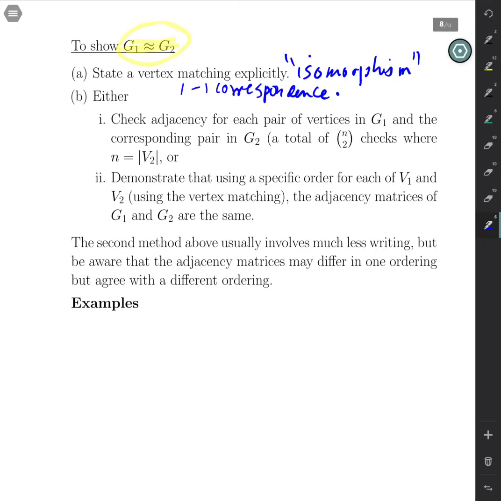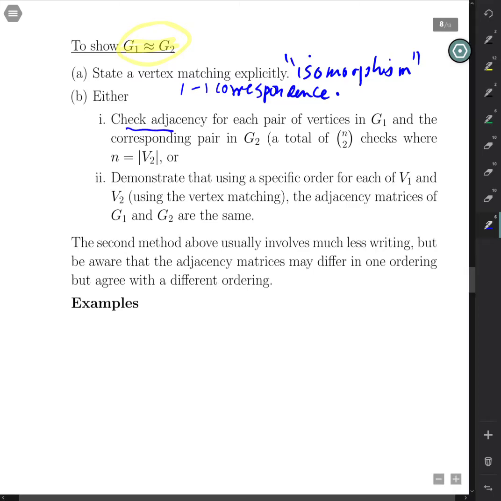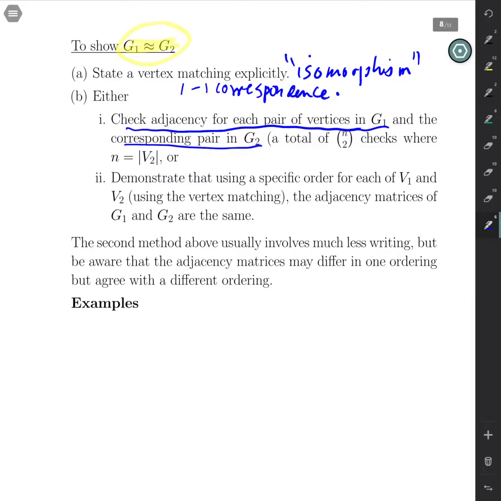One is to do as we did in the previous video, and that is to check adjacency for each pair of vertices in G1 and the corresponding vertices in G2 to make sure that adjacent vertices in G1 correspond to adjacent vertices in G2 and vice versa. So you've got to do it in both directions just to make sure that you get the check.